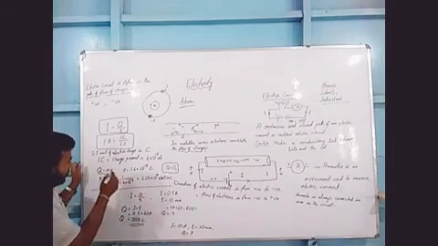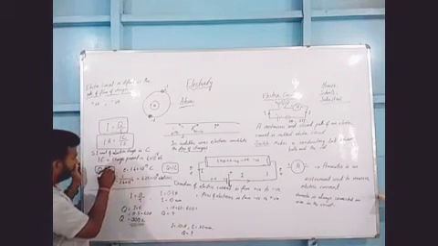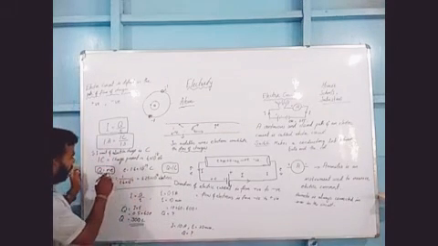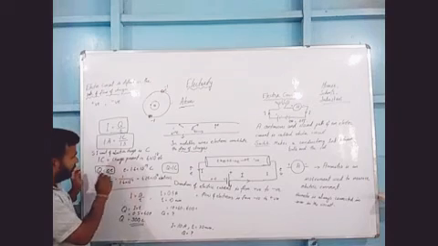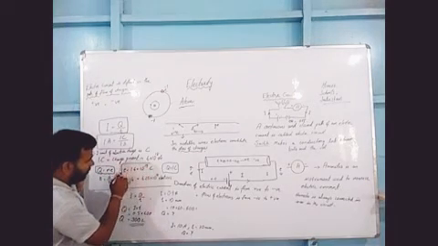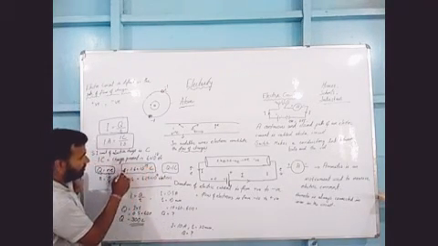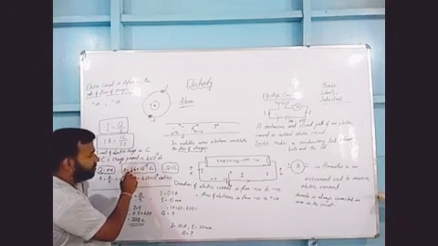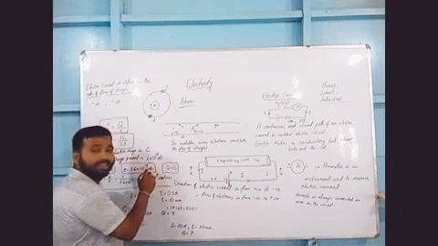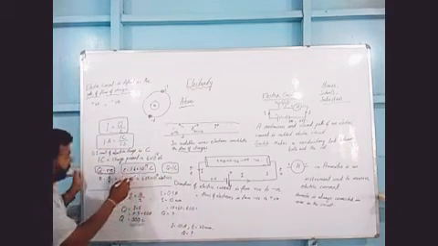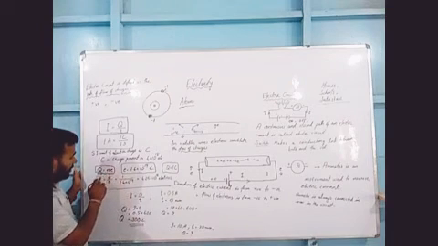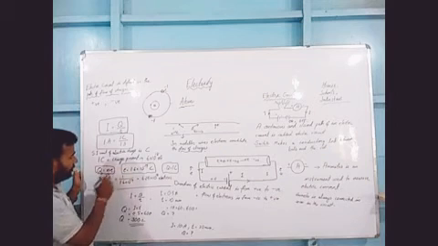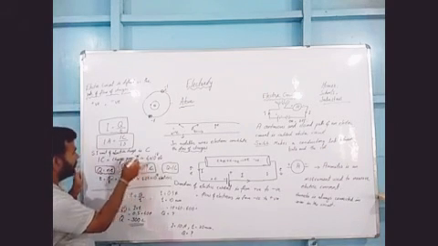So we can calculate the number of electrons required to constitute 1 coulomb of charge. We already said that 1 coulomb is approximately the charge present in nearly 6 into 10 raised to 18 electrons.